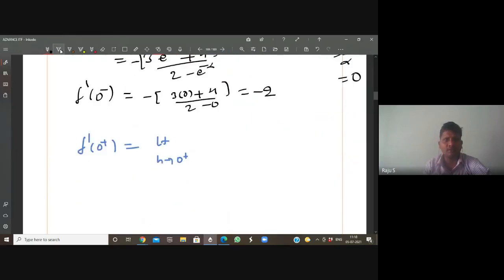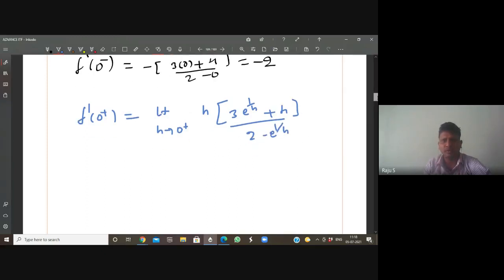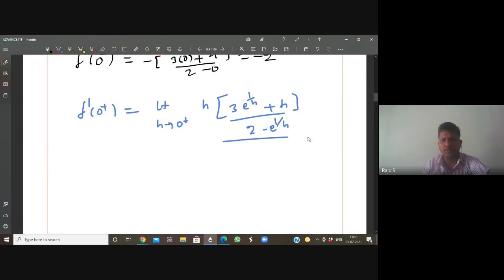Here it is plus h, 3 into e to the power of 1 by h plus 4 by 2 minus e to the power of 1 by h, all divided by h. Sorry, here h gets cancelled. When I substitute 0 here, what is e power 1 by 0?